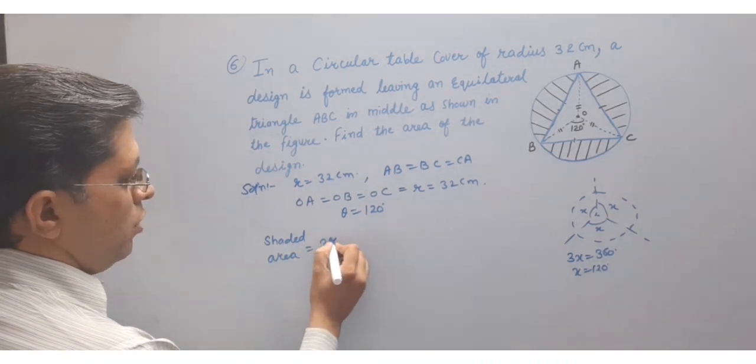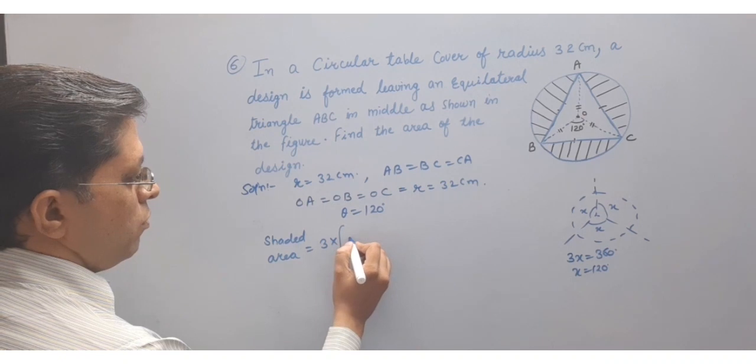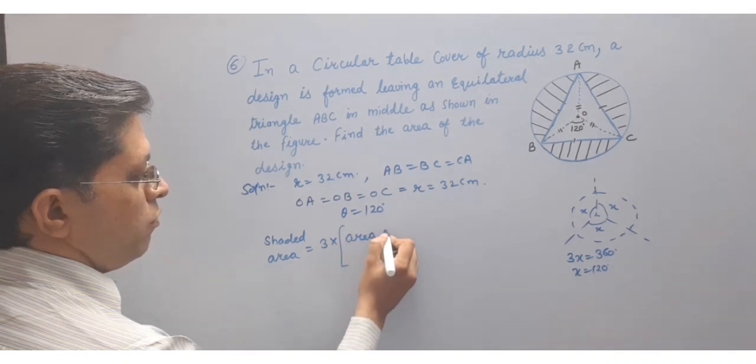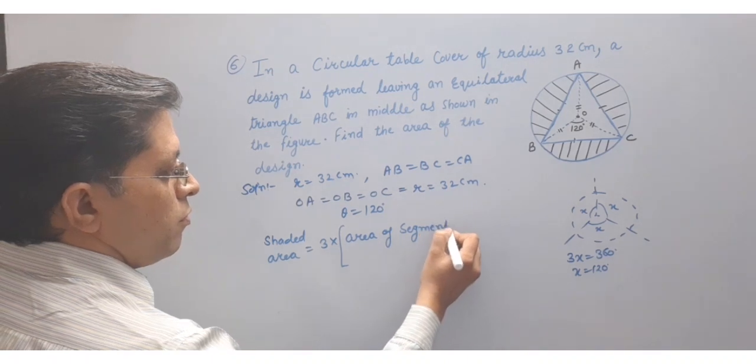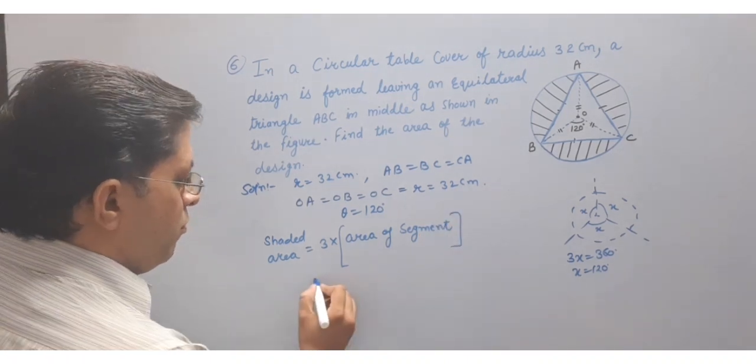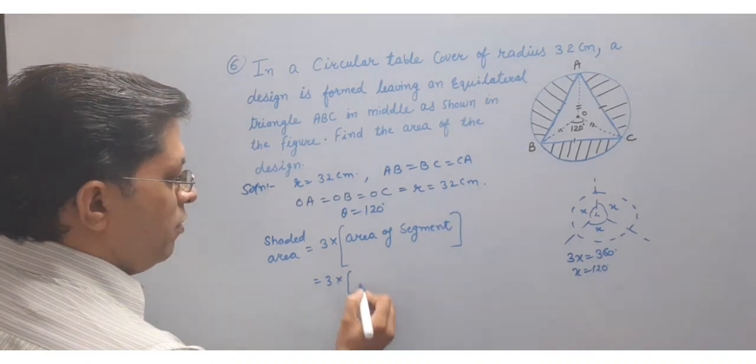Area of shaded region is equal to 3 into area of segment. What is the area of a segment?